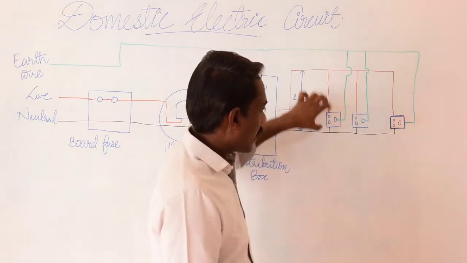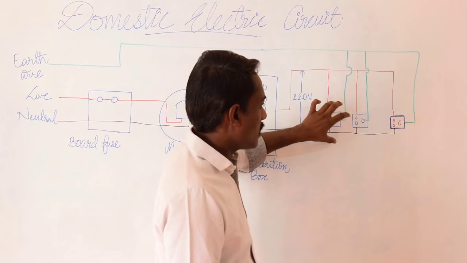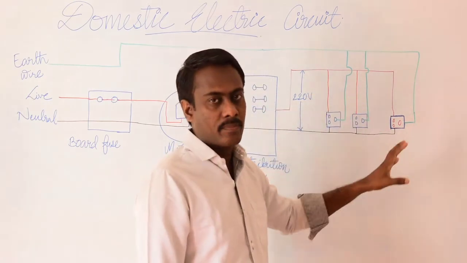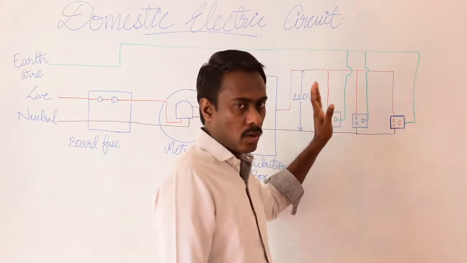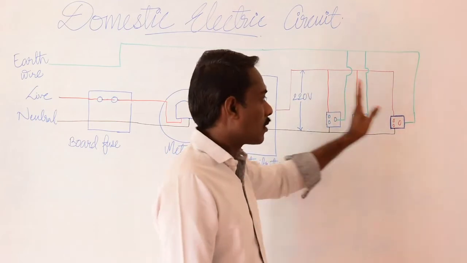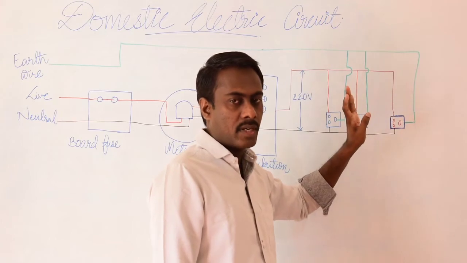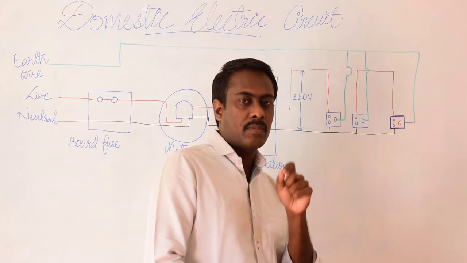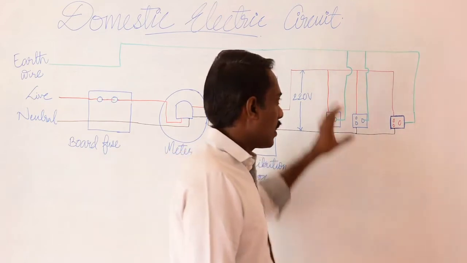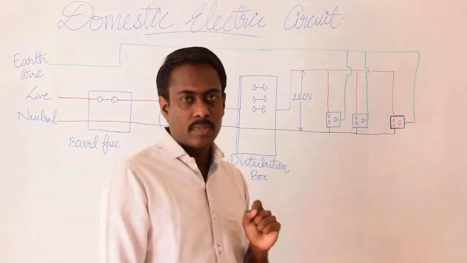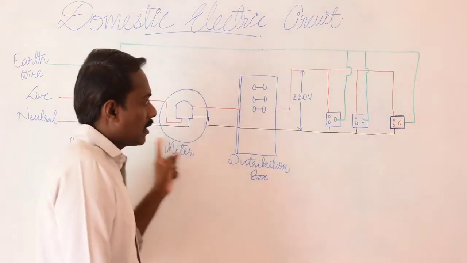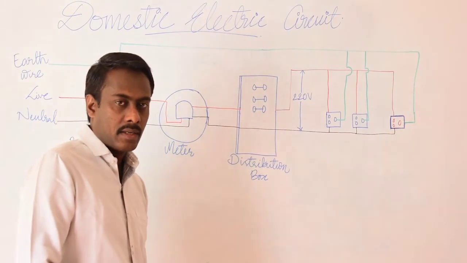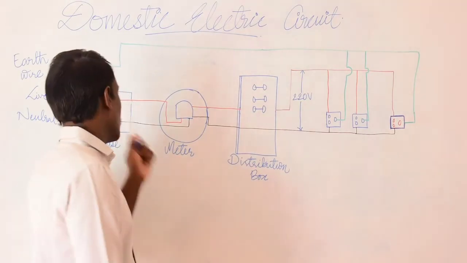If we do not need a particular appliance at that time, we can turn it off, and the one we want to use can be switched on and used. This is possible only by a parallel connection between them. So generally in a domestic circuit we use a parallel connection between the appliances.